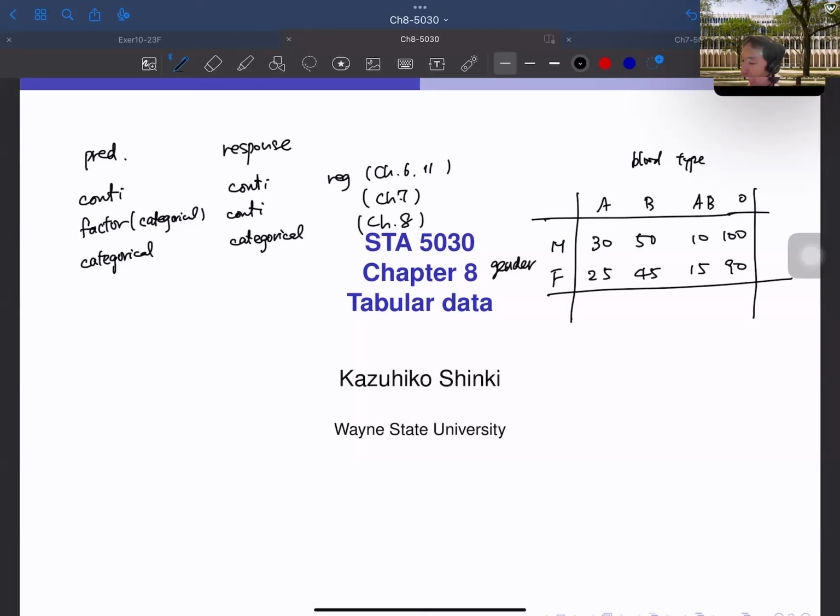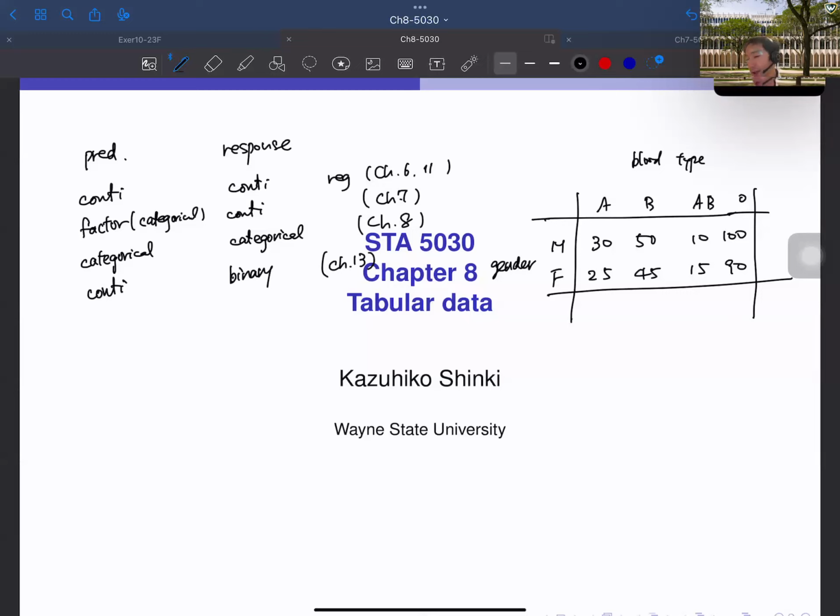By the way, for the other chapters, chapter 13 deals with the case where the predictor is continuous and the response is categorical, actually not really categorical, but just binary. This is called logistic regression, a special type of regression model.